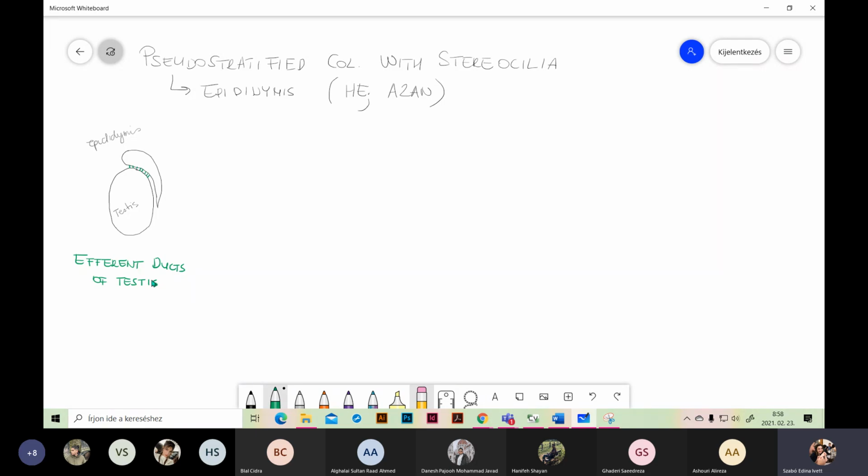Inside the epididymis, we also have one duct which is coiled up. It's called the duct of epididymis, and it has a Latin name: ductus epididymidis.